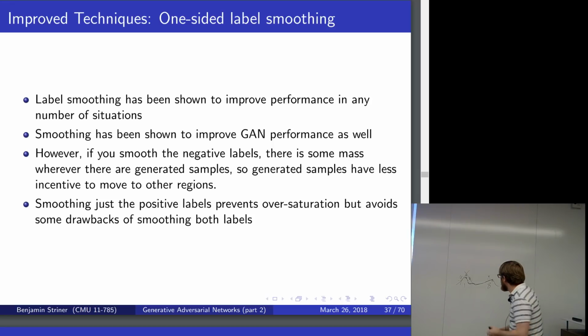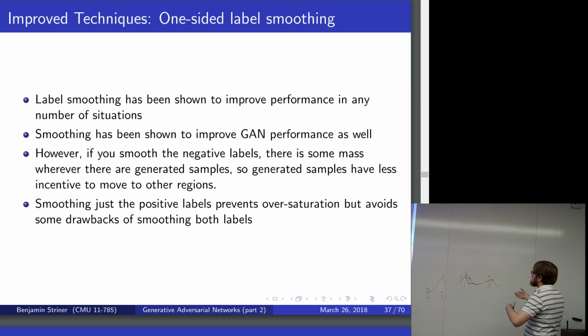If this is your G and this is your real X, and you're smoothing a little bit, then you end up with a situation where that's what you're telling it to learn. And if you're telling it to learn that, then obviously your generator is not going to move out of there, because you're saying this is like 0.1 and this is 0.9. So that's why they're saying one-sided label smoothing is the way to go with traditional GANs to make them a little bit more stable.